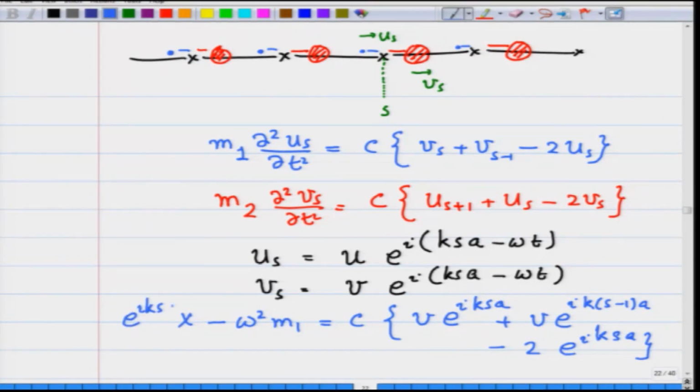So, this term is going to cancel from all sides, and you end up getting minus m1 omega square u is equal to C v plus v e raised to minus I k a minus 2, there should be a u.